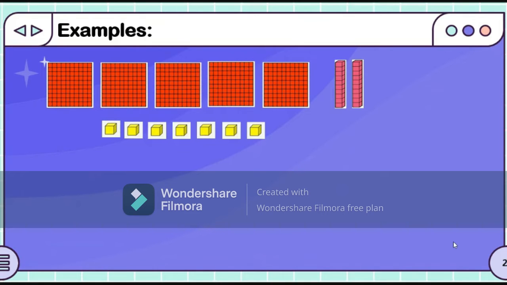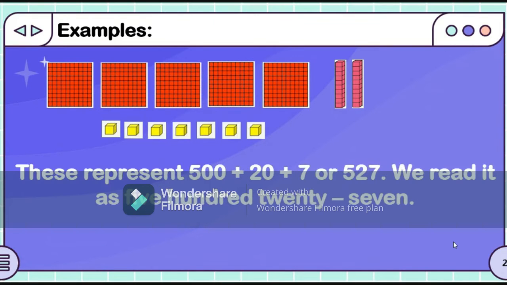Okay, examples. So we have how many flats? So we have 1, 2, 3, 4, 5. We have 5 flats. So this represents as 500 plus 2 longs equivalent to 20. And how many squares?